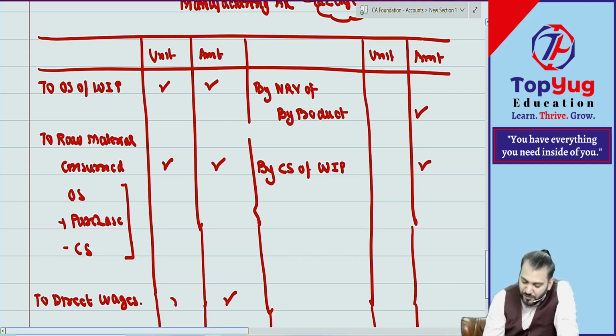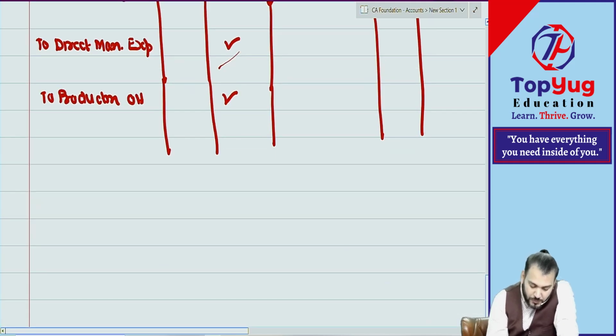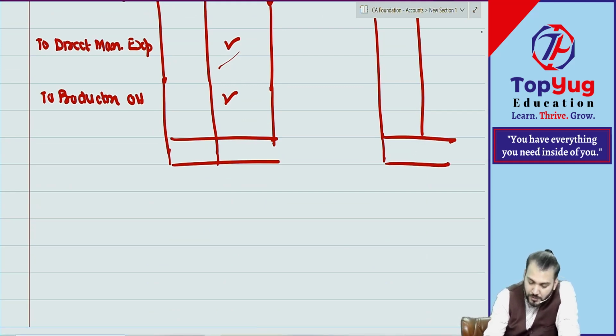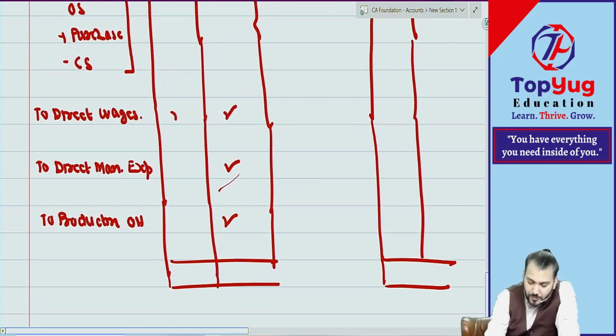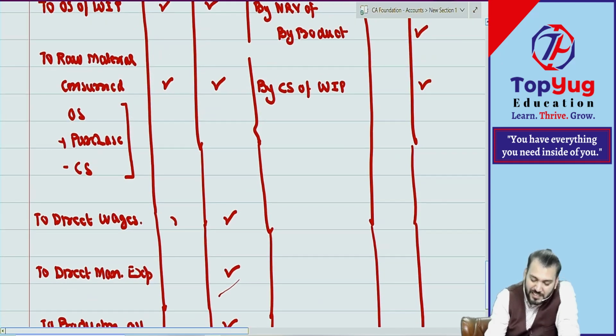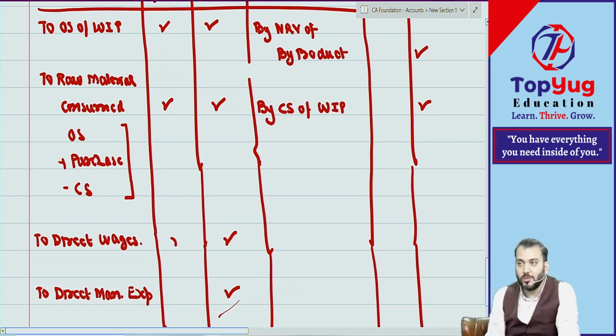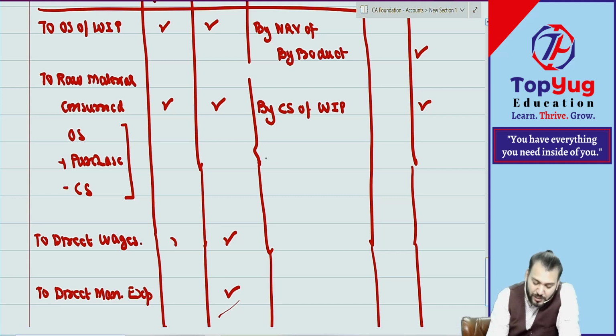What is the balancing figure of this account? Will it come on the debit side or credit side? It will come on the credit side because the debit total will be more than the credit total, and this will not be profit, it will be cost.